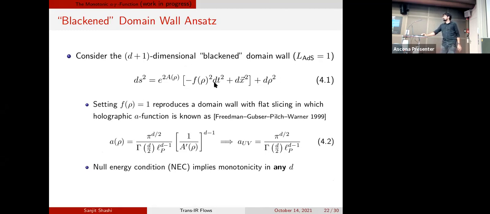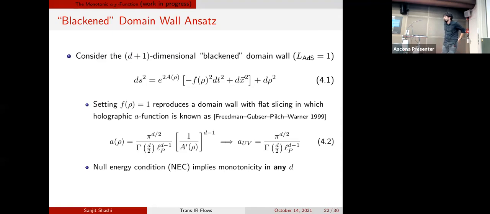So the signature of t will now become positive, and constant rho slices will actually be Euclidean. So what we think is that moving along the flow in the interior might be some sort of Euclidean evolution. But we're still trying to think more about what we might be able to ask concretely to clarify that story.